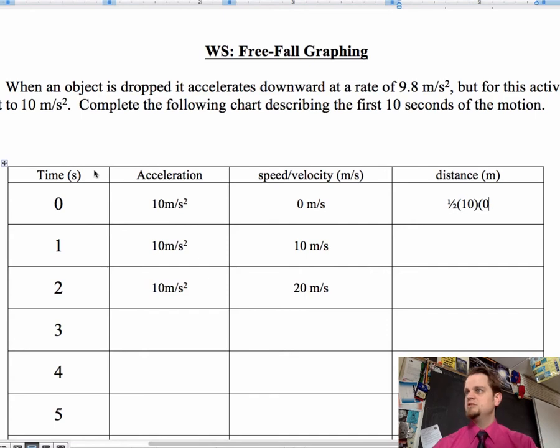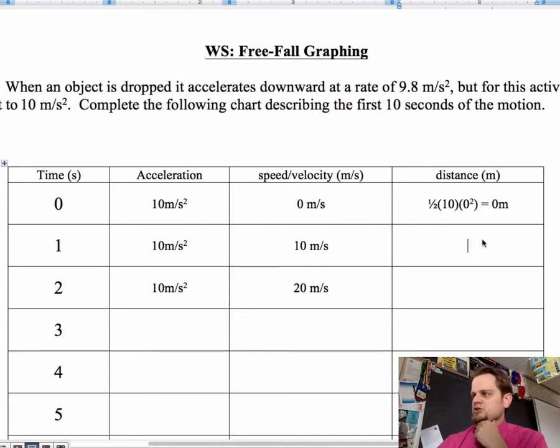So that's times 0 squared. Okay, 1/2 of 10 is 5, and 0 squared is 0. What's 5 times 0? 0. So we know it's 0 meters. Hasn't moved. Right when you drop it, hasn't moved.